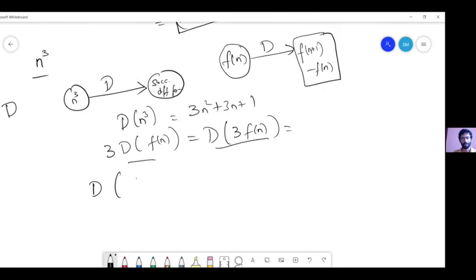Now suppose I have d of f of n plus g of n, and I know what d of f and d of g are. Is there any relationship between d of f plus g and d of f and d of g?